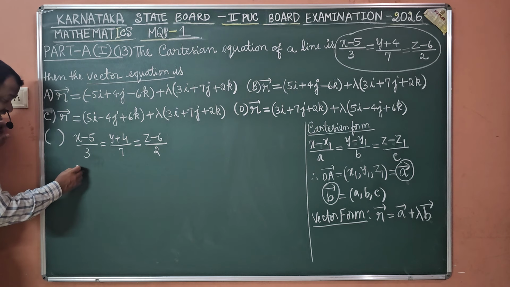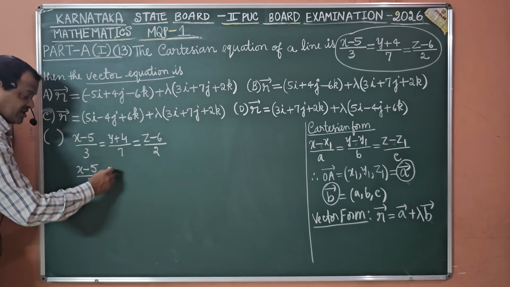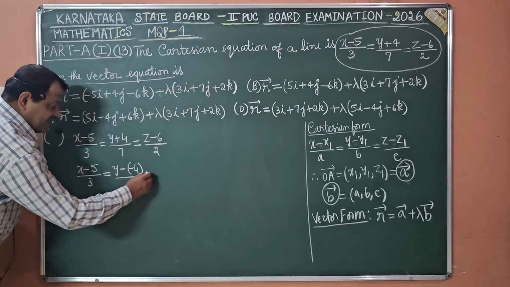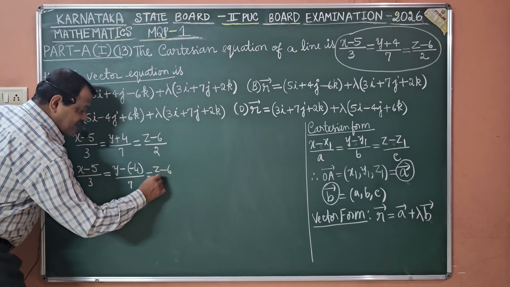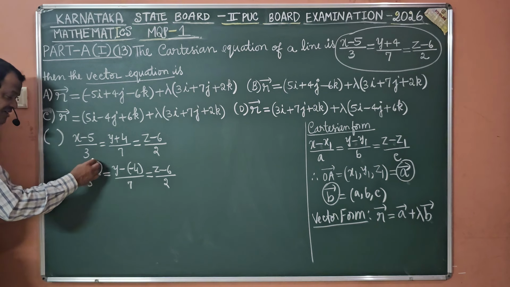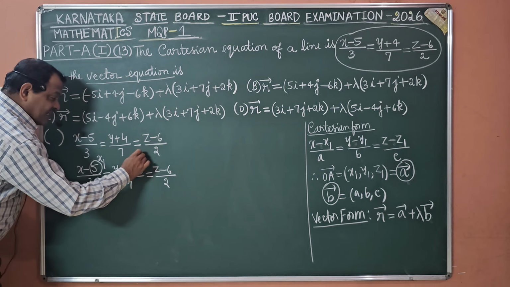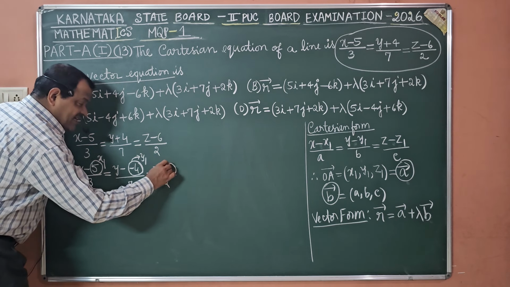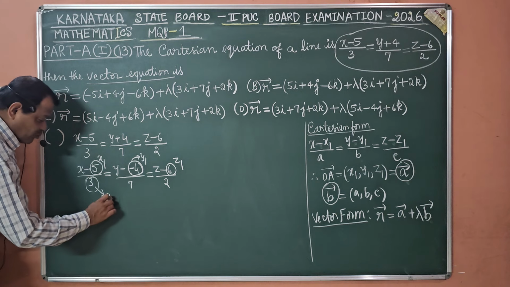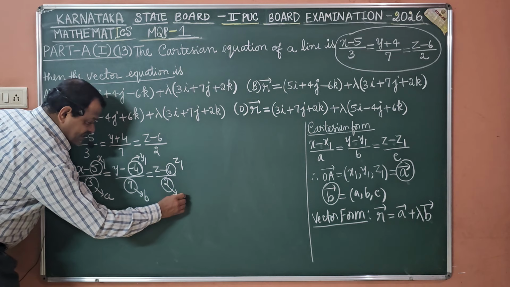Therefore, I rewrite this equation: x minus 5 by 3 is equal to y minus of minus 4 by 7, equal to z minus 6 by 2. And now I circle here itself. This 5 is x1. Can you see the minus 4? This is y1. Can you see 6? This is z1. And this 3 is small letter a. This 7 is b. And this 2 is c.